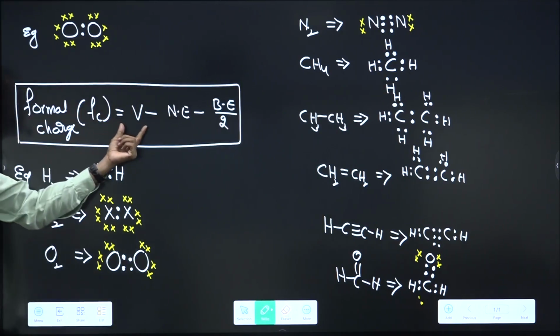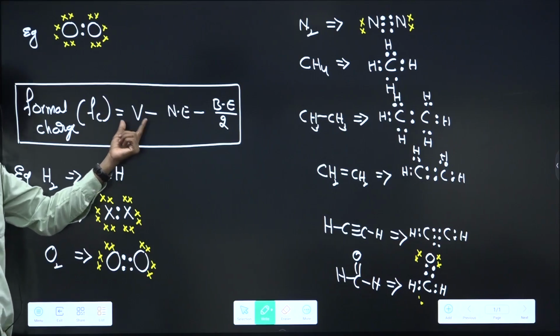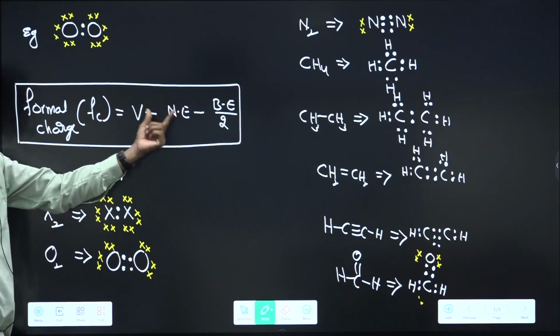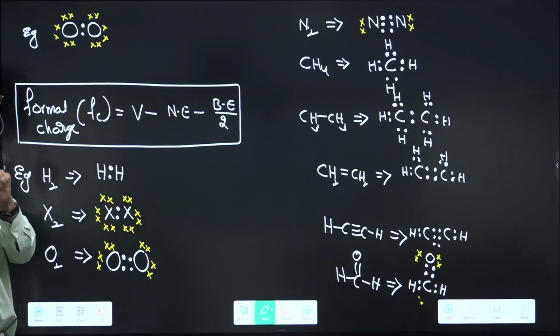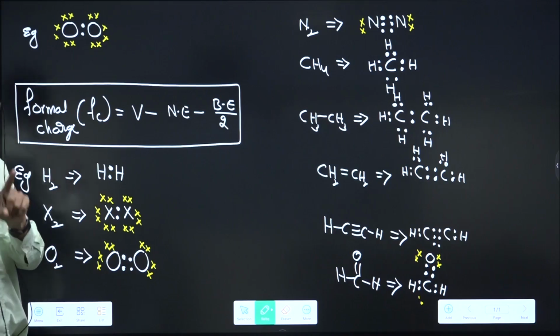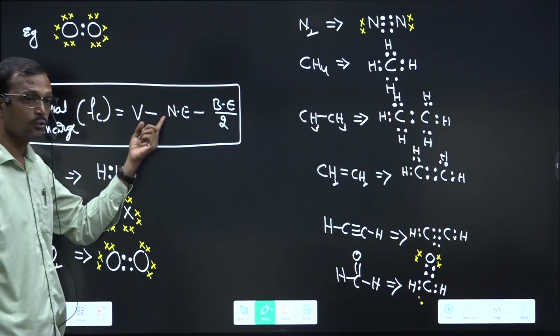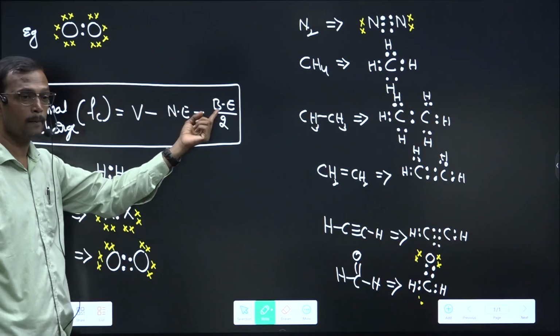So V is nothing but valence, valency. N is nothing but number of non-bonding electrons. Suppose if one lone pair is there, 2. If 2 lone pairs are there, 4. If 4 lone pairs are there, 8. What is BE?